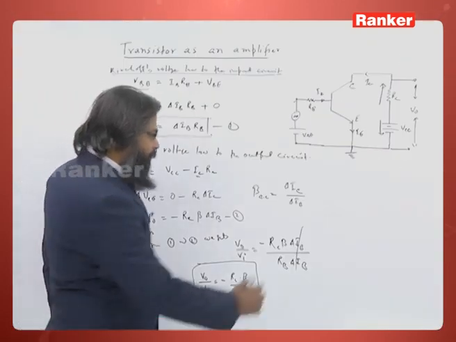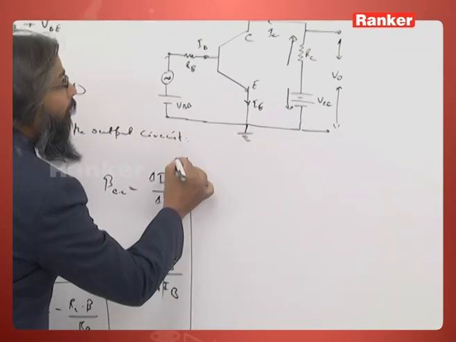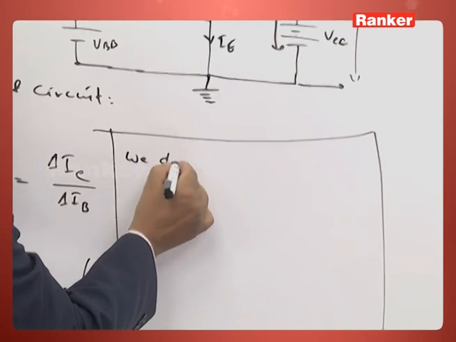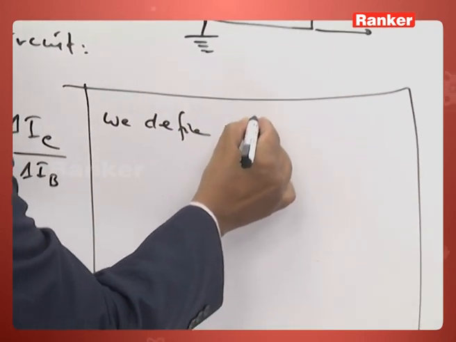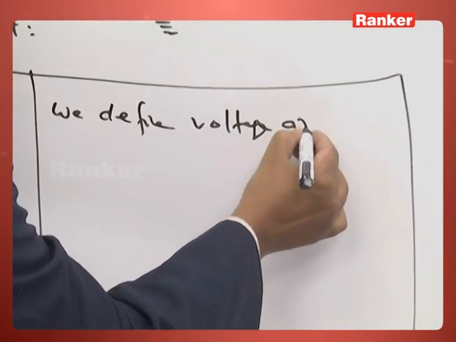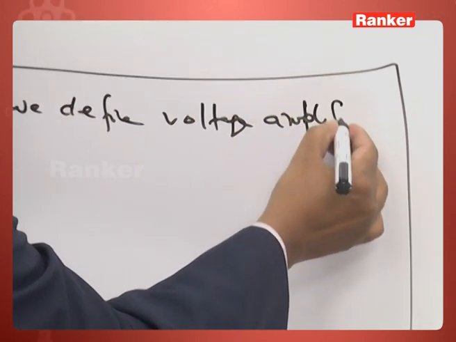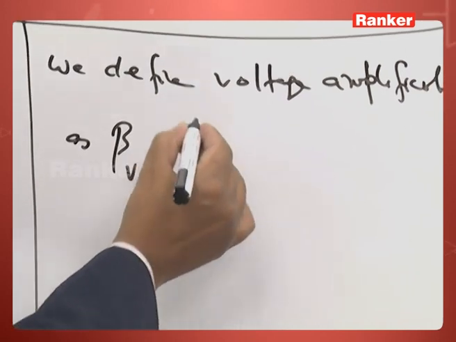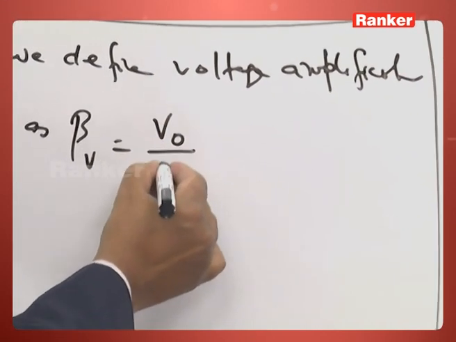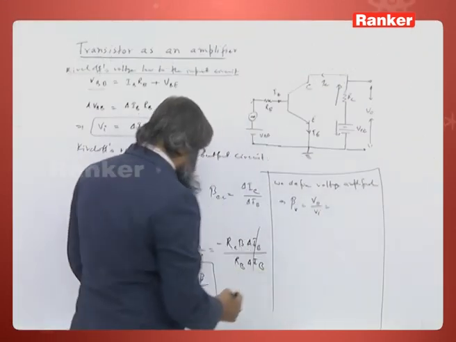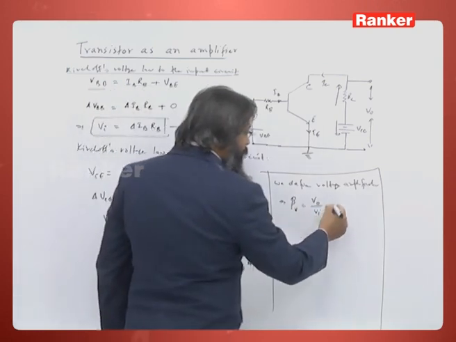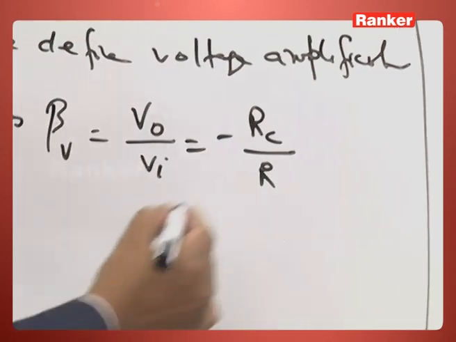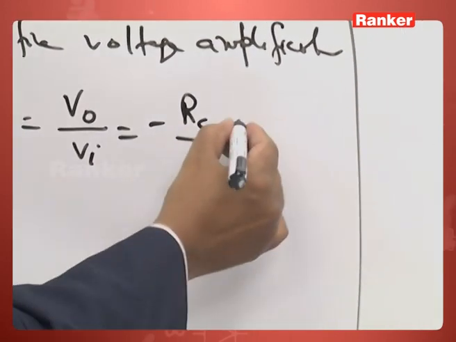Now we define voltage amplification as A voltage, equal to V output by V input, that is minus RC by RB times beta.